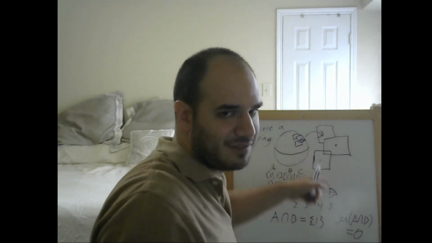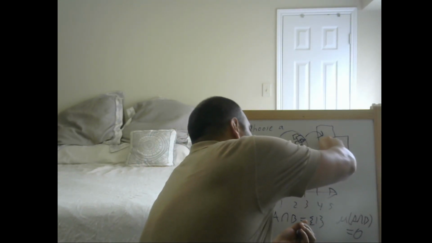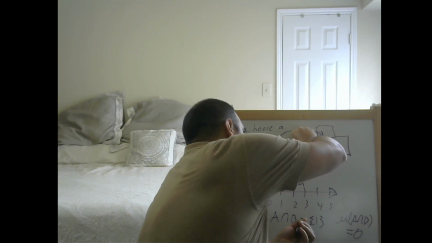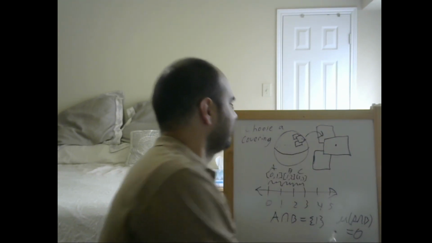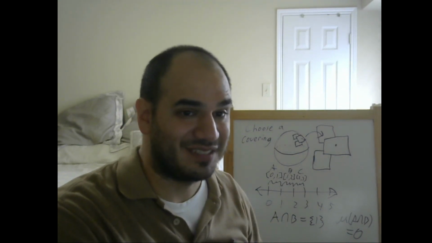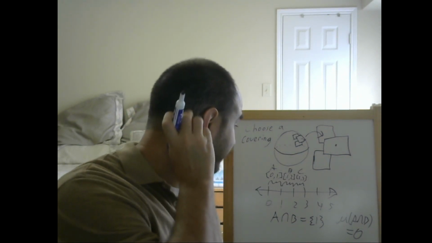And then the same thing over here. Okay, and so now it's disjoint except at the boundary, right?